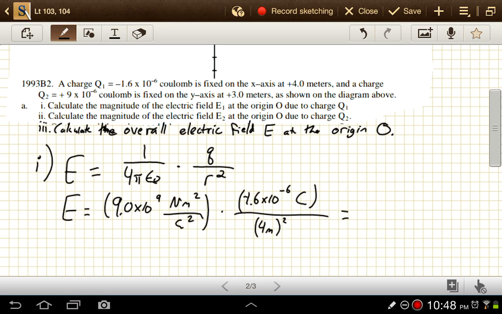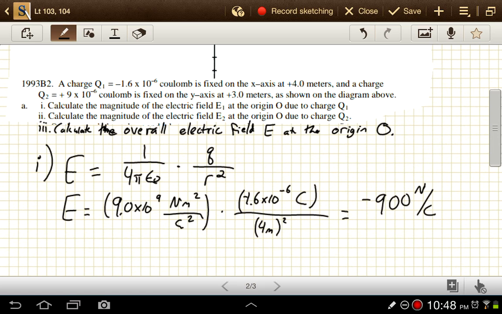Okay, and typing this into the calculator now. So 9 times 10 to the 9th times a negative 1.6 times 10 to the negative 6th divided by 4 squared is just 16. And we get a negative 900. And the units there are newtons per coulomb.